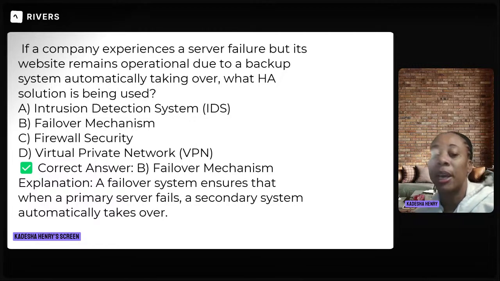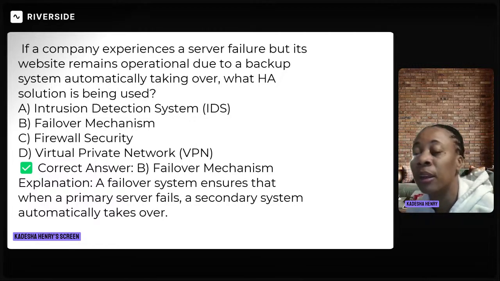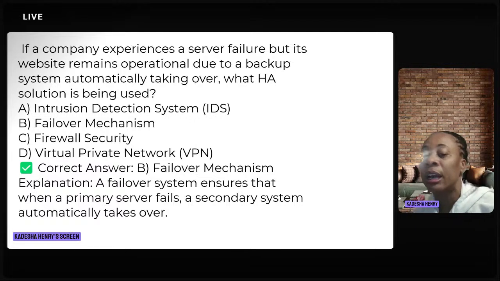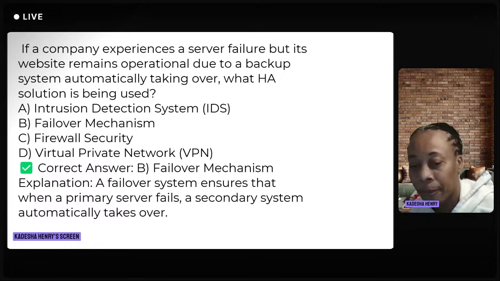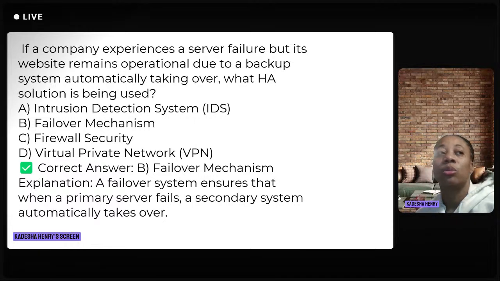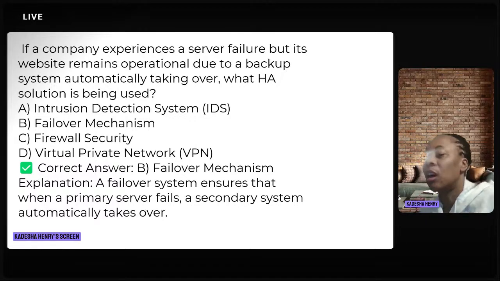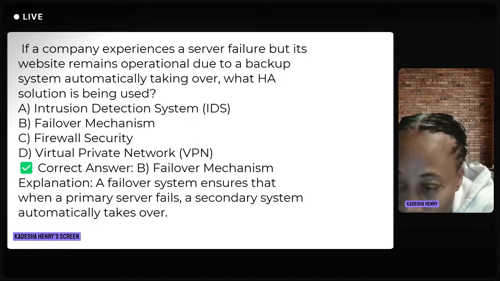It's a failover mechanism. A failover system ensures that when a primary server fails, a secondary system automatically takes over. You set it up, it knows when one area fails, and then another just automatically takes over, right?